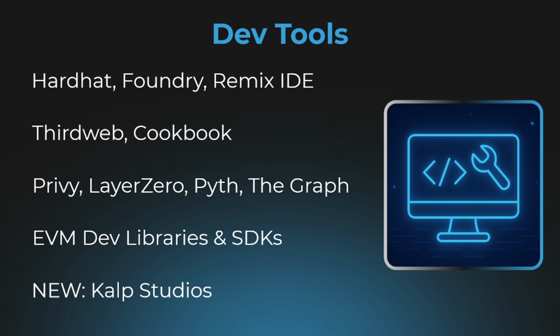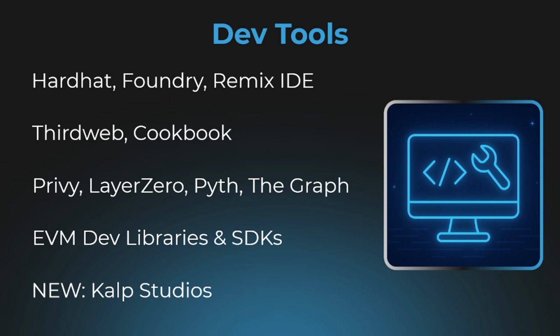And Cookbook is also a library of smart contracts. Also missing here is OpenZeppelin, which of course can be used. There are lots of audited contracts there, and I always encourage people to use those standards instead of always building stuff from scratch. So these are key resources for any smart contract developer.